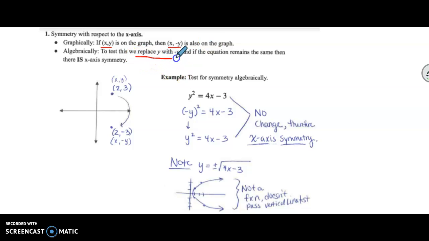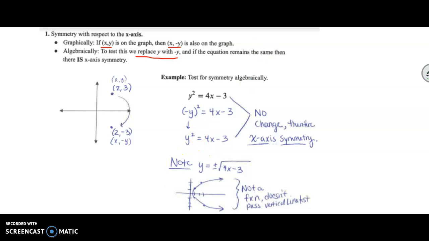Replace y with negative y, and if the equation remains the same as the original, then there is x-axis symmetry, right? So here's what we mean. Look at this example. When we plug in negative y into the original equation and square it, that's still positive y squared.